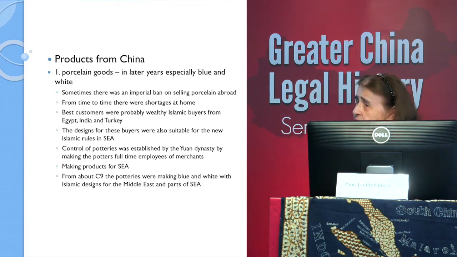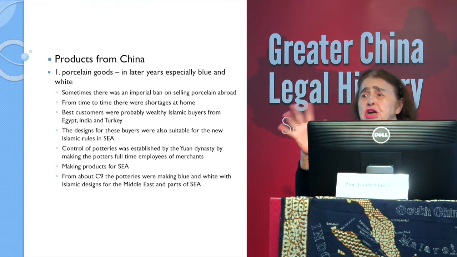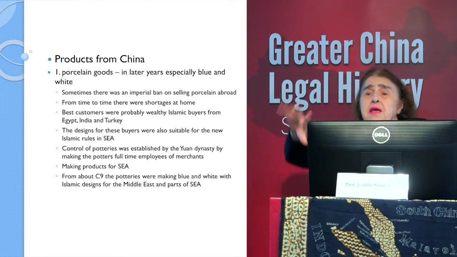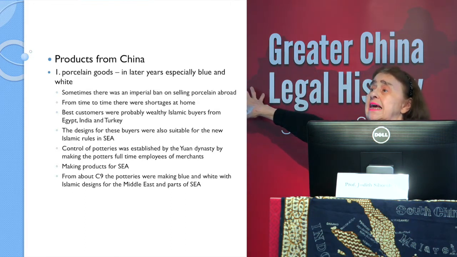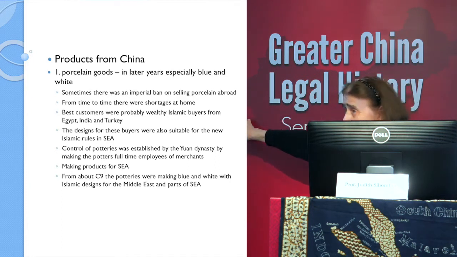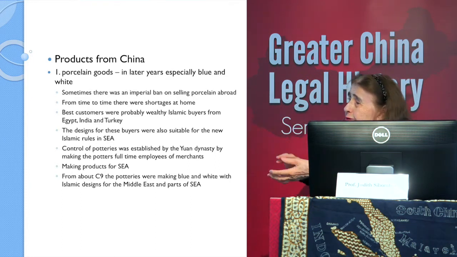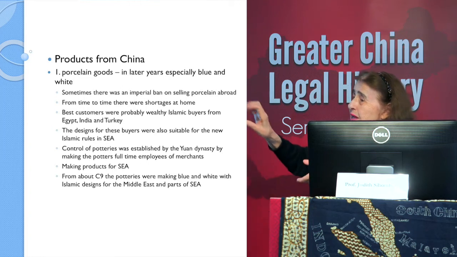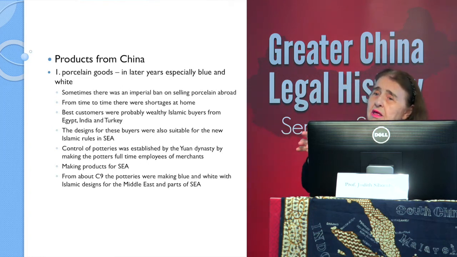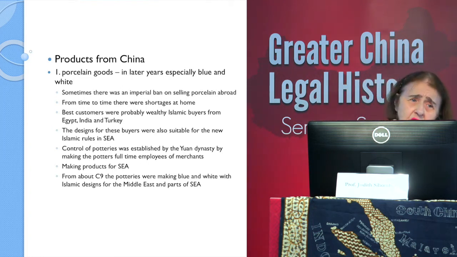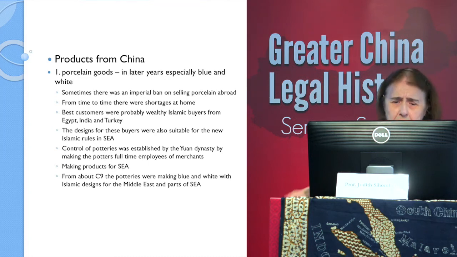And the designs were suitable, and they'd sometimes have the Islamic prayers written on the design. So they changed the form of those. Then when they're going across with the Manila galleon to Mexico, they're changing the form because it's going to go into Mexico, then into Europe. So the potters knew at different times what to do with their blue and white.